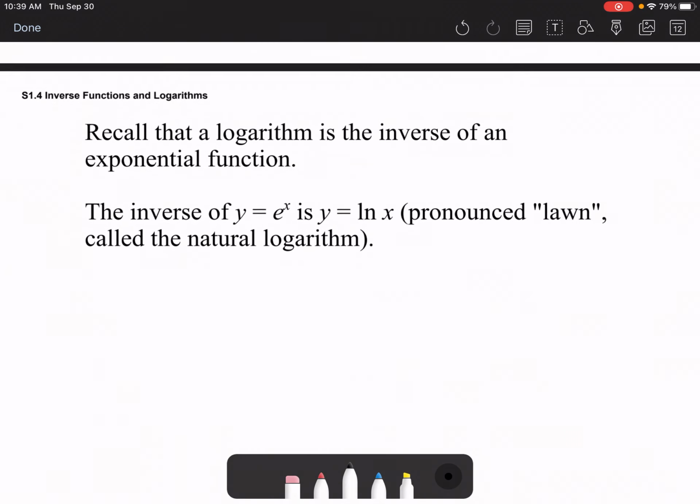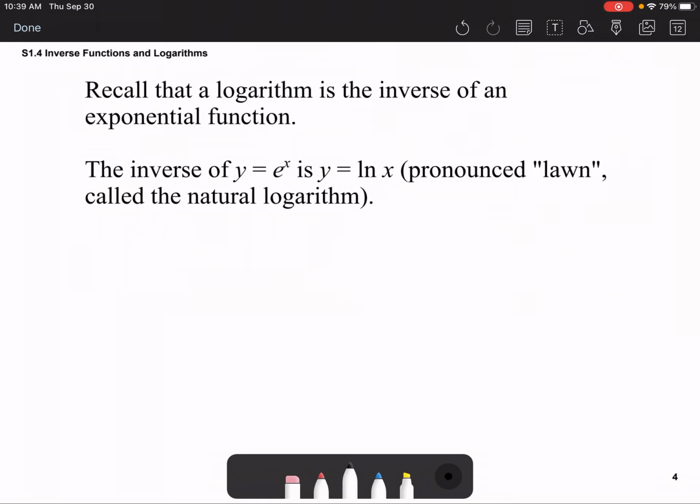Okay, so now coming to logarithms, how can we use logarithms to help us out? Recall that a logarithm is an inverse of an exponential function. Now, we were introduced to this e, this Euler's number.